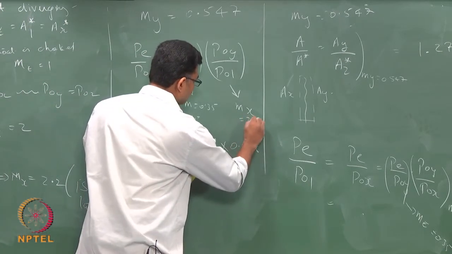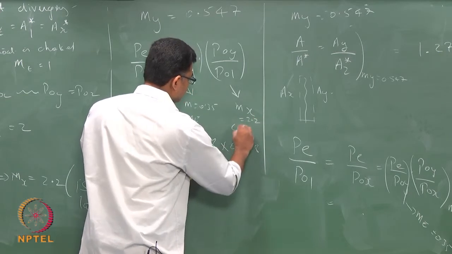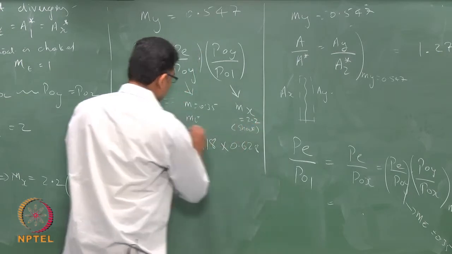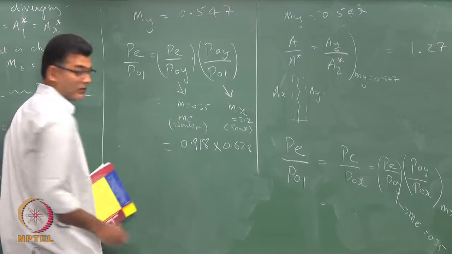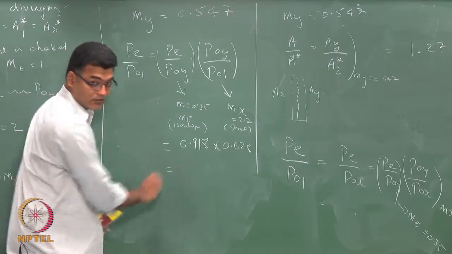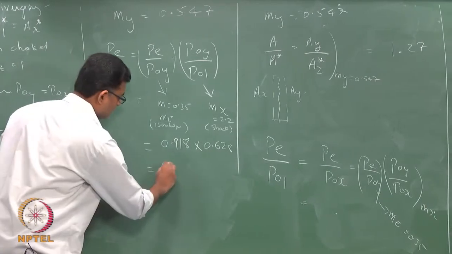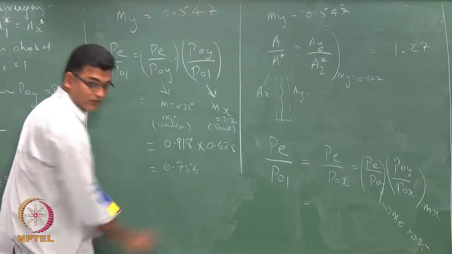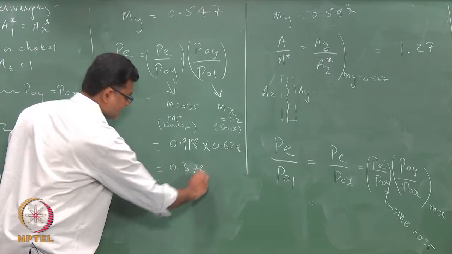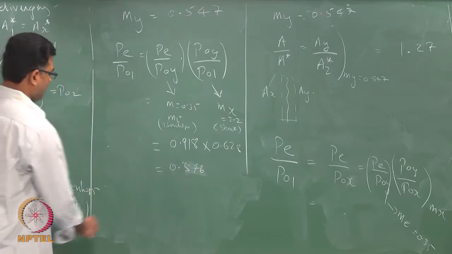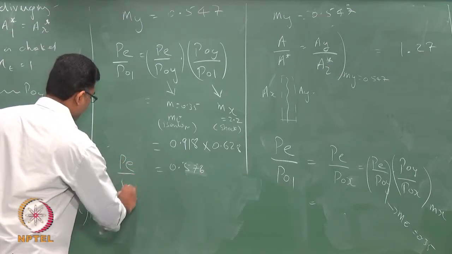So this is from shock tables, this is from isentropic tables. This is around 0.576. Okay, so that is my P exit by P01.